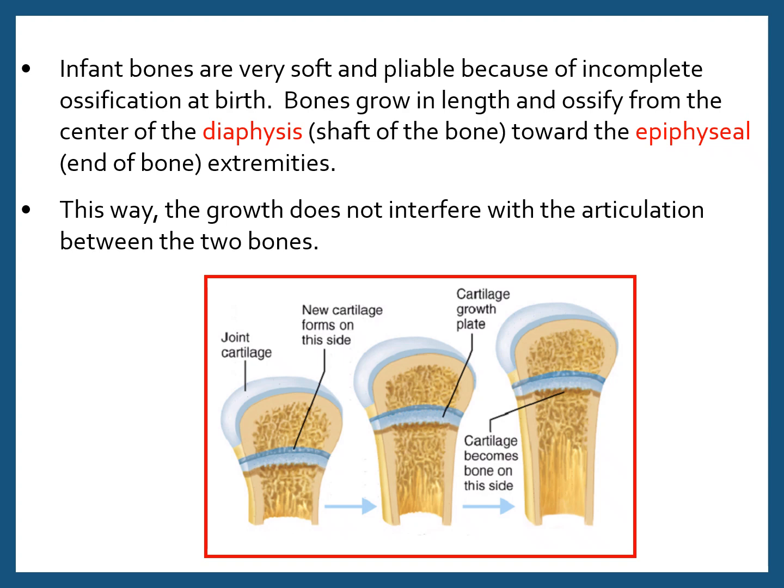To understand growth in length, we have to return to the epiphyseal plate. From infancy throughout adolescence, the epiphyseal plate is present at one or both ends of a long bone, specifically at the junction between the epiphysis and the diaphysis in an area called the metaphysis.